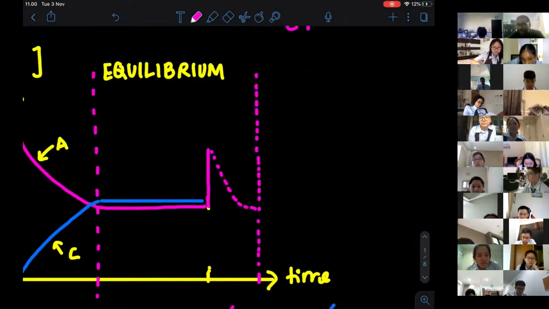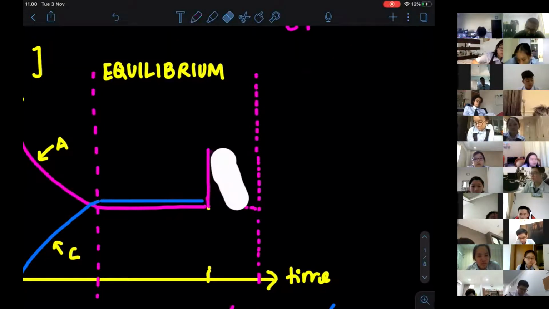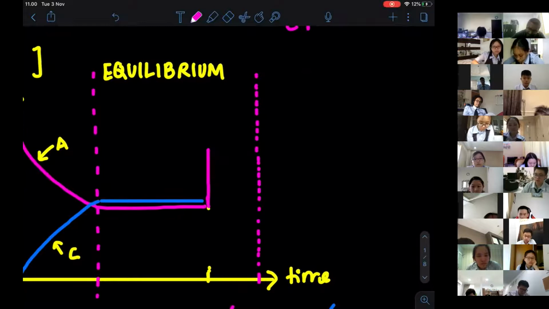It will never happen. You can only decrease to a certain extent. So the more logical term will be maybe it decreased to become like here. Okay, it decreased slightly only.